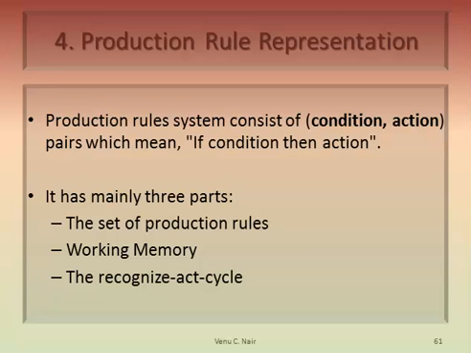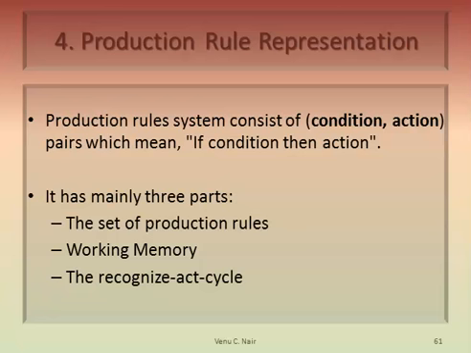As we have seen in some previous examples like the water jug problem or the missionaries and cannibals problem, the production system consists of basically a pair which has some conditions, and based on the conditions some actions will be performed. It can be considered as a meaningful sentence: if the condition is satisfied, then an action is performed.